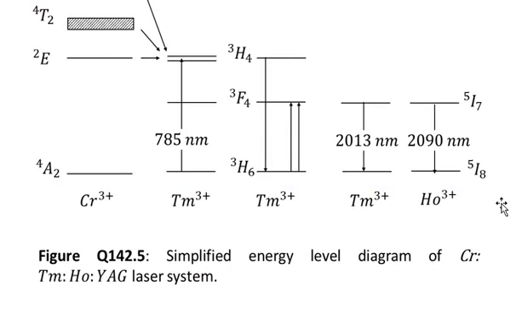Since there are many levels present in the 5I8 manifold, the laser transition will occur to a sublevel that exists at 462 centimeter inverse above the minimum sublevel of the holmium ion in the 5I8 manifold.